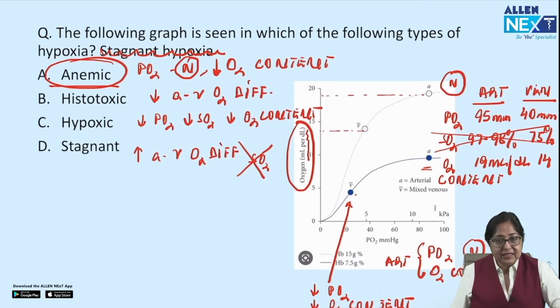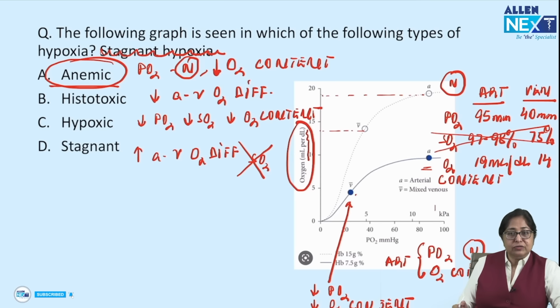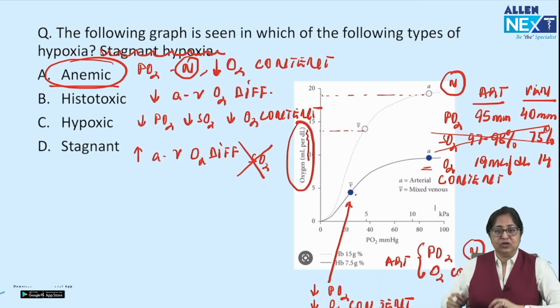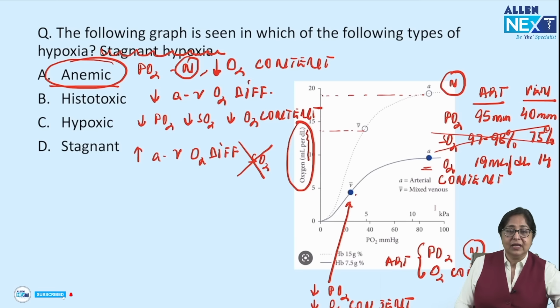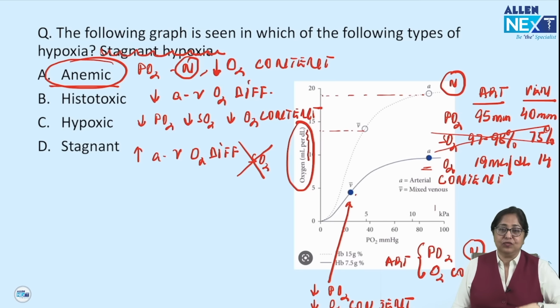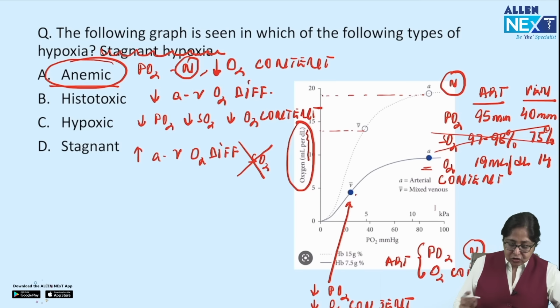Normal PO2 on the arterial side, but a reduced oxygen content. Venous PO2 reduced, oxygen content reduced, larger arteriovenous oxygen difference. But remember, the characteristic feature for anemic hypoxia, arterial PO2 is normal, but oxygen content is reduced. Why is this not histotoxic hypoxia?